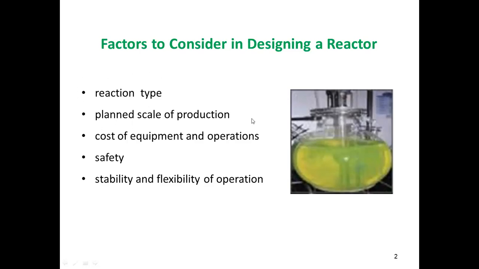Now, the plant scale of production: is it small scale or large scale? Or is the feed that large that it will require a bigger volume to be processed at a particular time? We need to look into this also, the plant scale of production. Then the cost of equipment and operation.